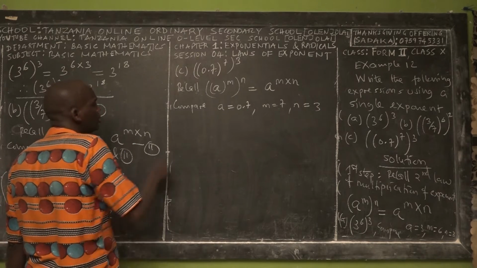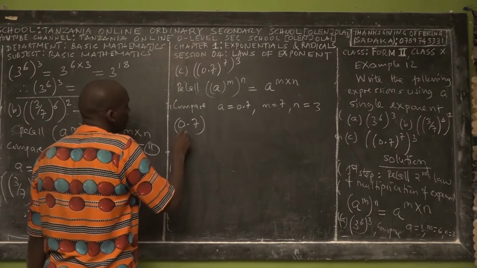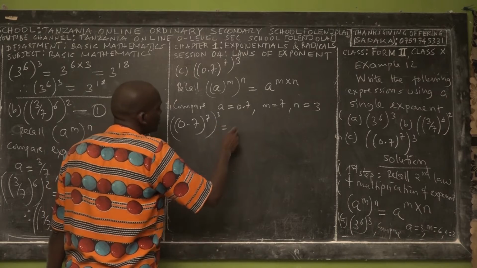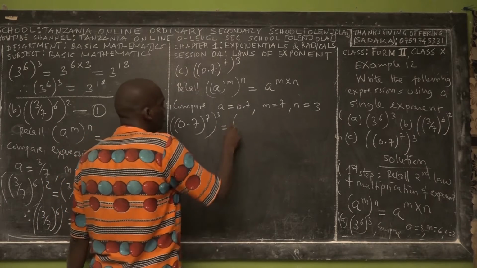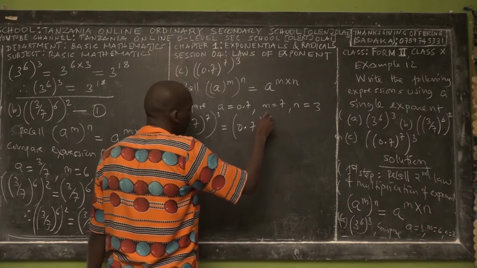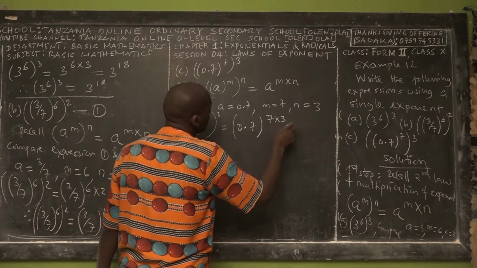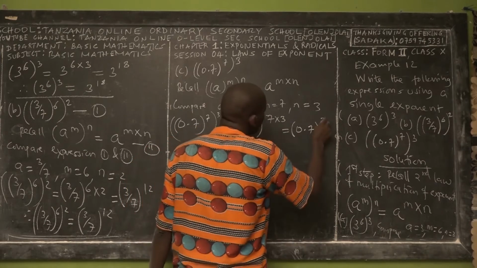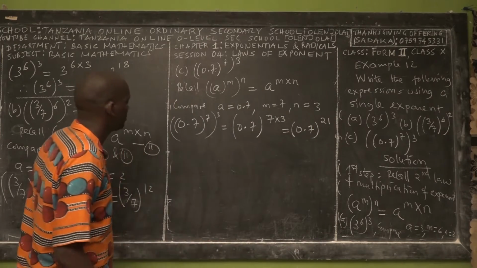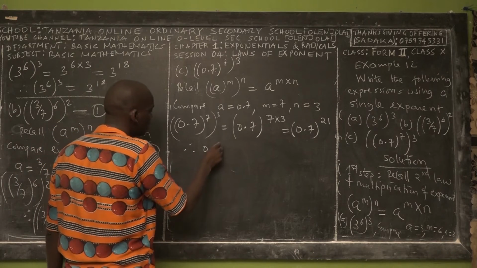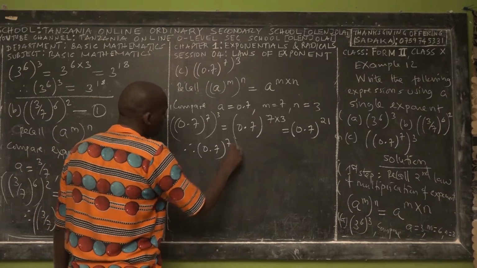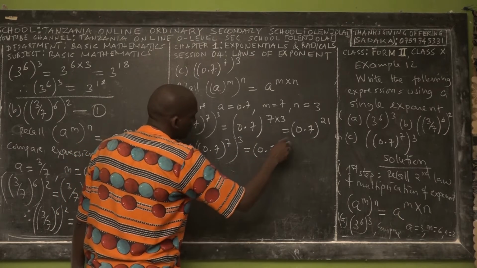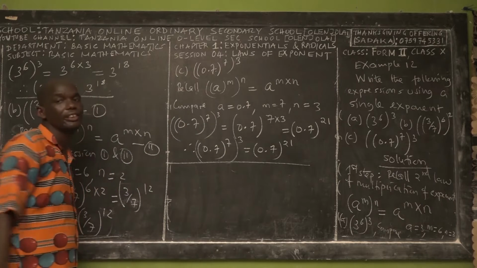In this case, we have 0.7 power 7 power 3, which is equal to 0.7 power 7 times 3. The answer is 0.7 power 21. So the response: 0.7 power 7 power 3 is equal to 0.7 power 21.